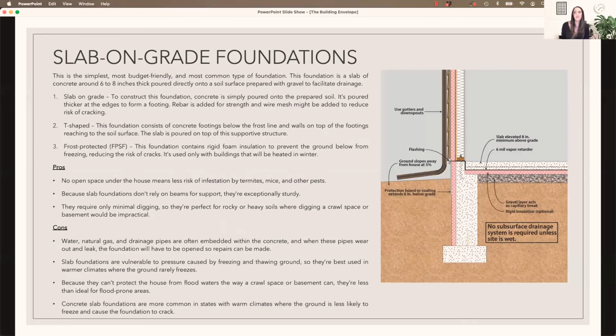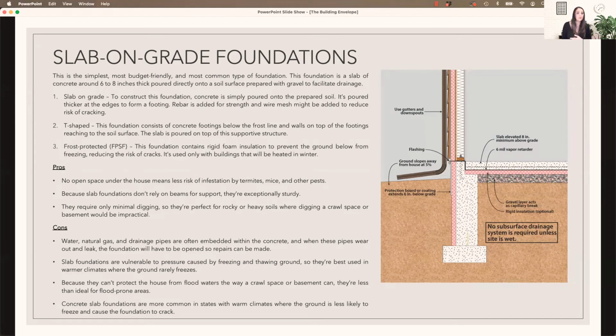So then slab on grade foundations, these are literally just concrete that's poured 6 to 8 inches thick. Typically, there are some preparations involved, which include gravel, which helps facilitate drainage.